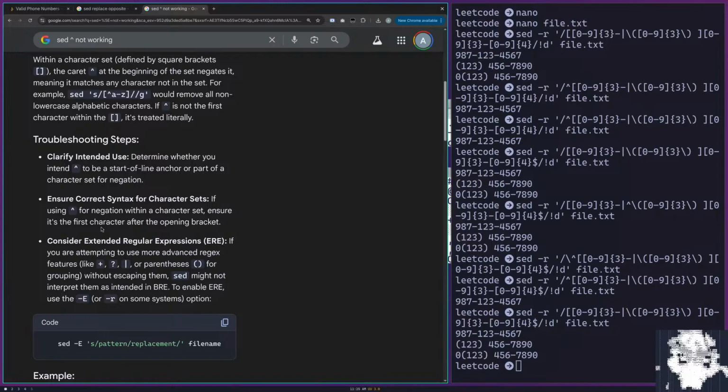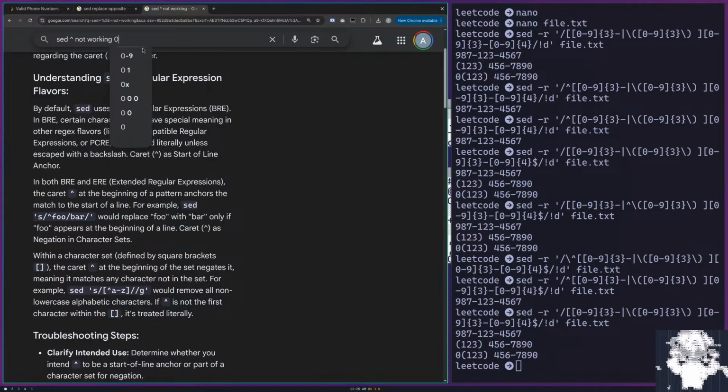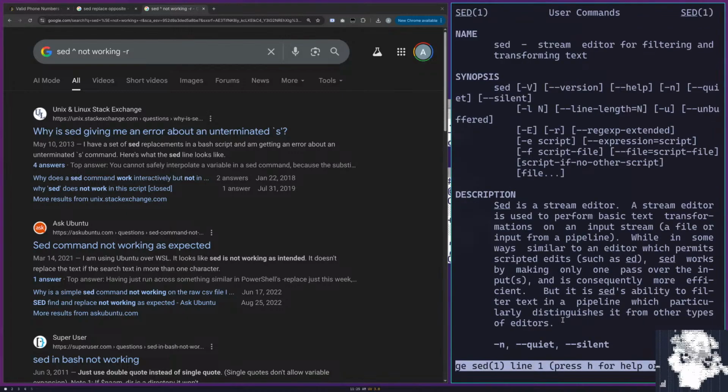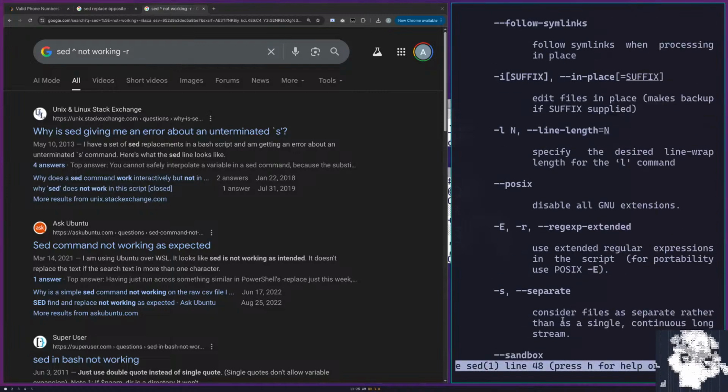Oh, is it because of my -R maybe? Because when you do -R, it has a different syntax. Use extended regular expressions in the script.